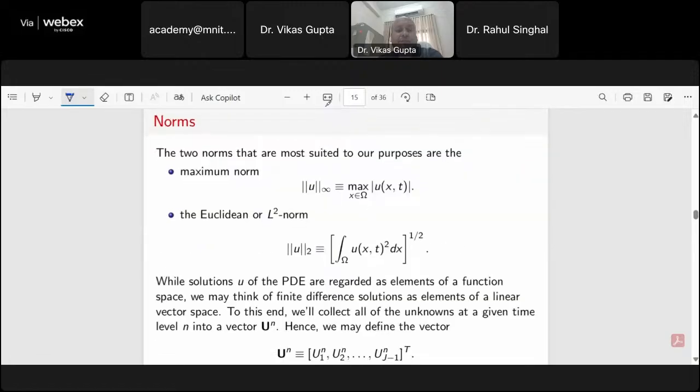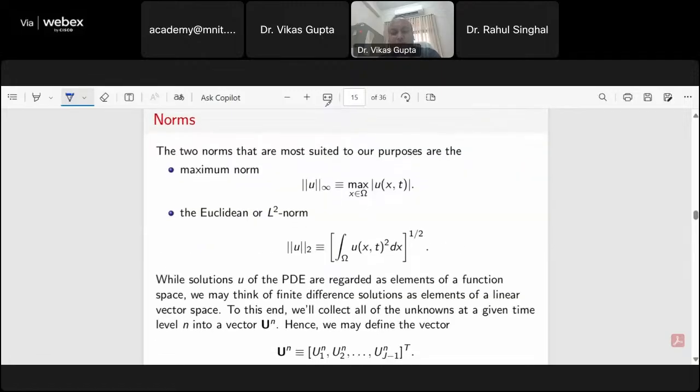Also note that with the definition of norm we are able to define various kinds of norms, but we restrict ourselves here to two norms. One is the maximum norm and the other is the Euclidean norm or L2 norm. The maximum norm is defined as the maximum of the absolute value of u(x,t), x belongs to omega.